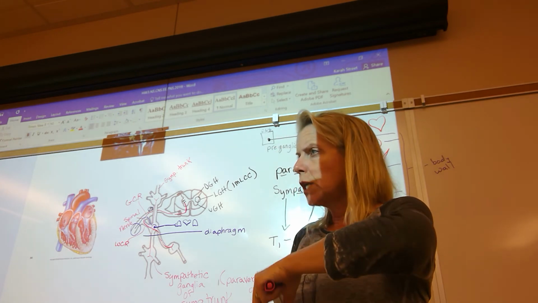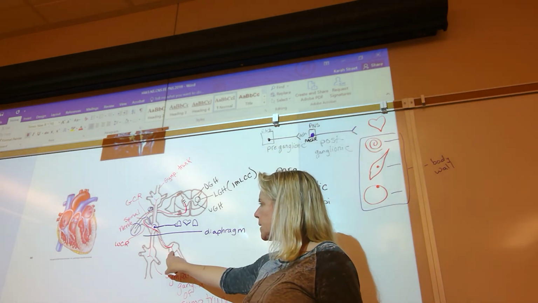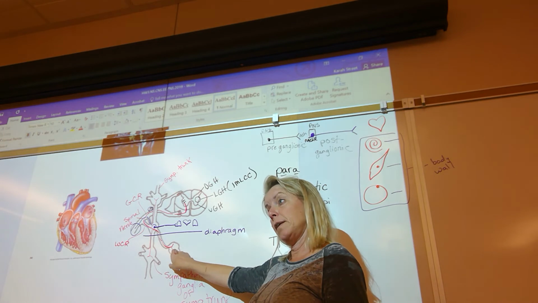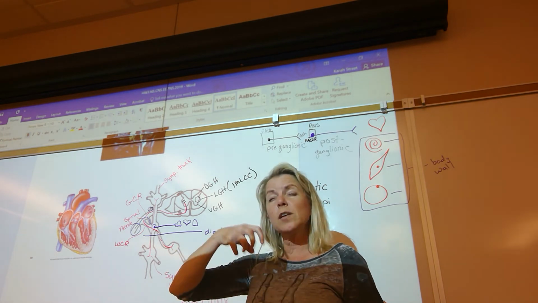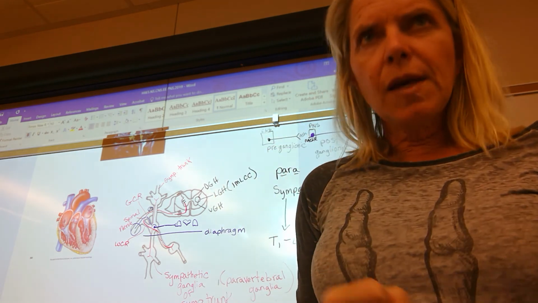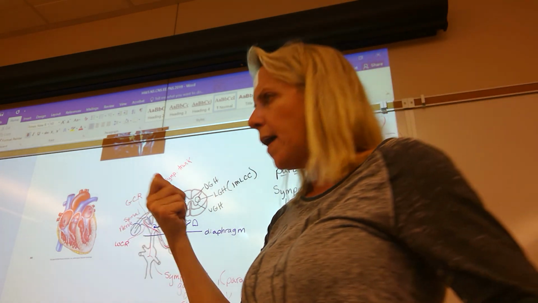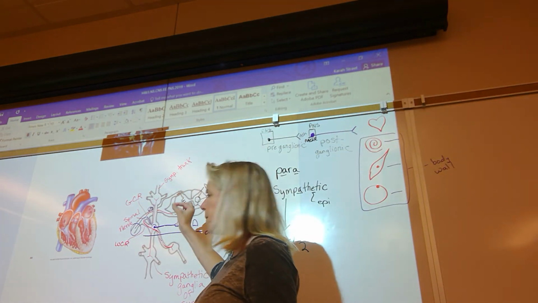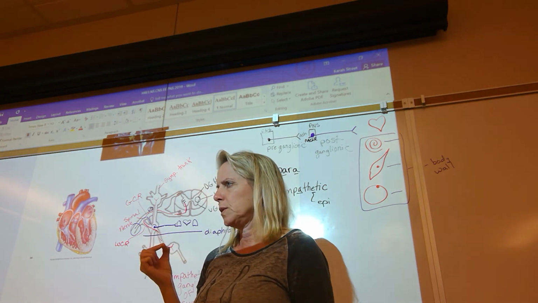So sitting on top of the celiac artery is the celiac ganglion. It sits right on top of the artery. You can see it. Next week we'll dissect it. You can pick up that ganglion with your tweezers.